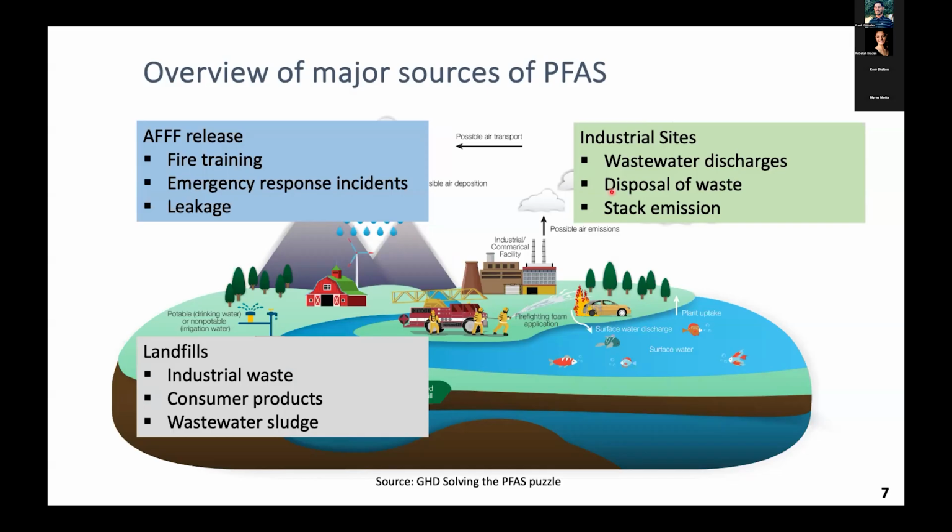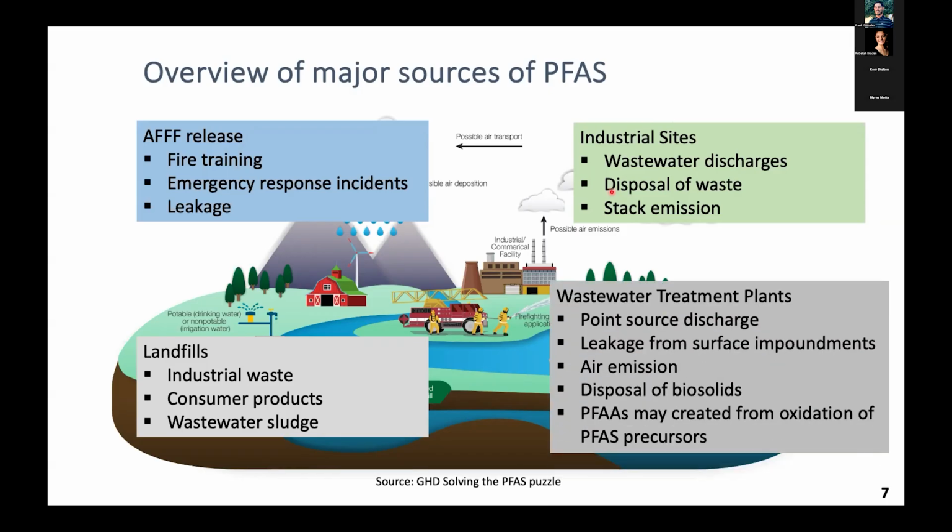And so these things get deposited in our solid waste stream and they get out into the landfills. And eventually they could leach out into the groundwater. And then wastewater sludges. These PFAS molecules get into the wastewater. They bioaccumulate in the biosolids or the sludges that get disposed of frequently in landfills. So you can see how landfills become a significant source. And then you've got the wastewater treatment plants themselves.